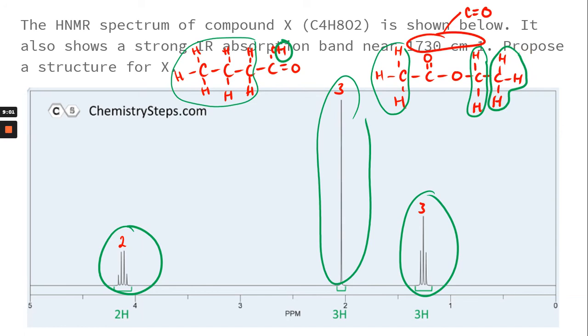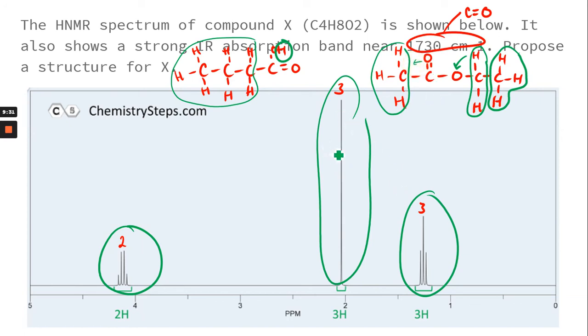How I know that they're different is because these 2 hydrogens are close to this bonded oxygen, which is going to make them shift a little bit farther than these CH2s over here that are just bonded to another carbon. Because these are shifting a little bit due to the oxygen, that will make them different from this CH3 group. And this CH3 group is going to be different from this CH3 group because of the double bonded oxygen here.